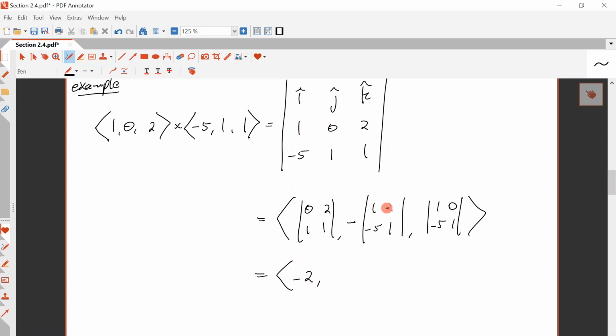This one is 1 plus 10. This one is 1 minus 0. Okay, so 1 plus 10, so it's 1 minus minus 10 is 11, but then I have to negate it. So then I have minus 2, minus 11, 1. Okay?